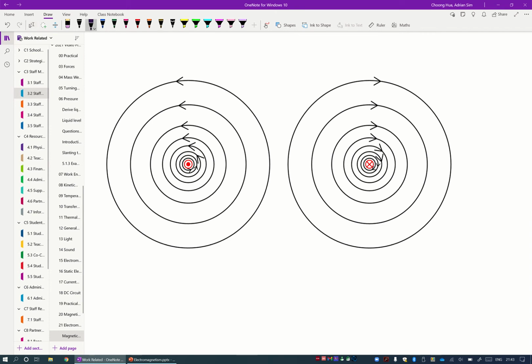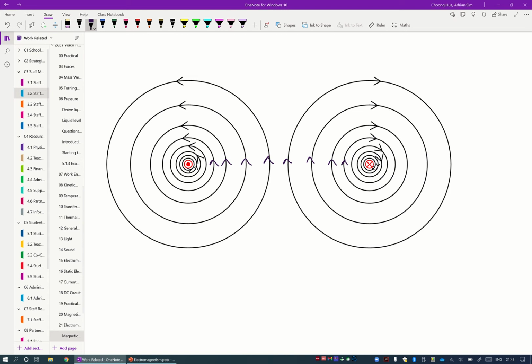If you look in between the wires, this is the direction of the magnetic field lines. The one on the left, the general direction is up. Now for the one on the right, the general direction is also upwards.